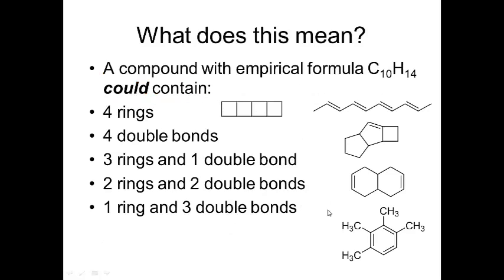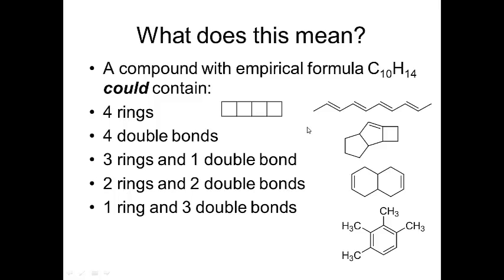What does that mean? These are just some examples. For a compound with the empirical formula C10H14, if we have 4 degrees of unsaturation, that means we could have 4 rings or 4 double bonds present. We could have 4 rings, like this compound here.